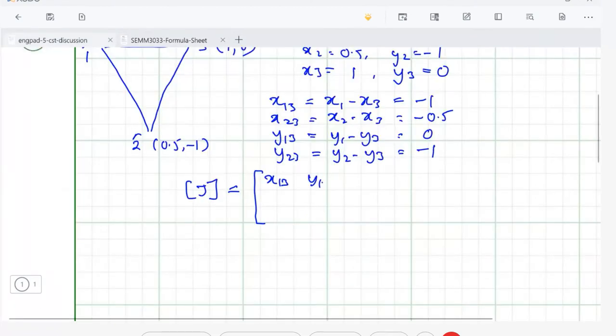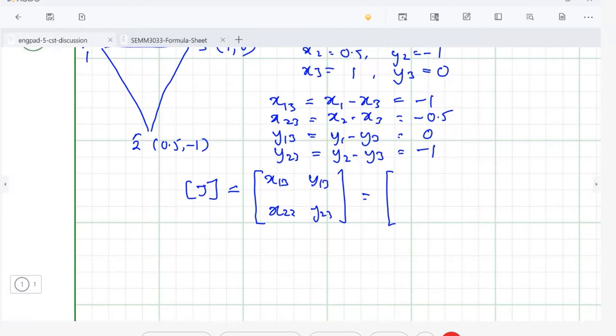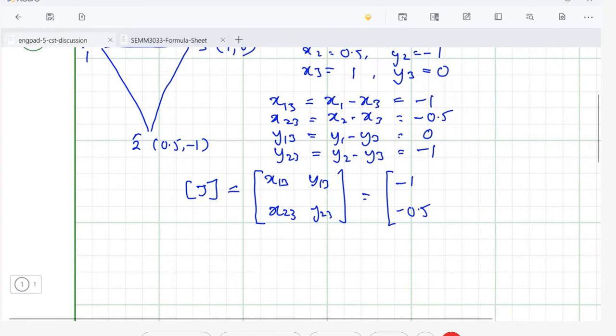This is just filling in the blanks: minus 1, 0, minus 0.5, minus 1.